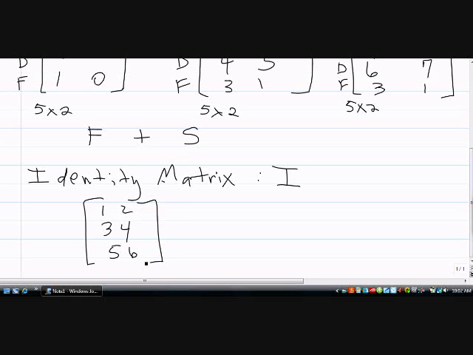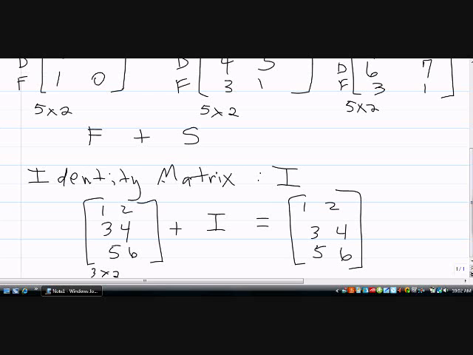And what are the dimensions of that? 3 by 2. And if I add the identity matrix to this first matrix, I want the original matrix back. 1, 2, 3, 4, 5, 6.